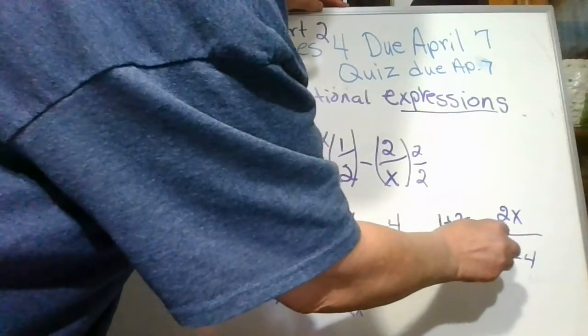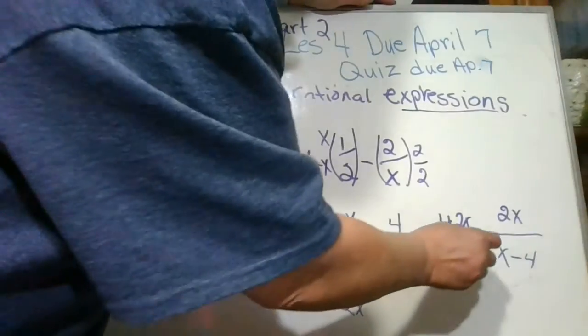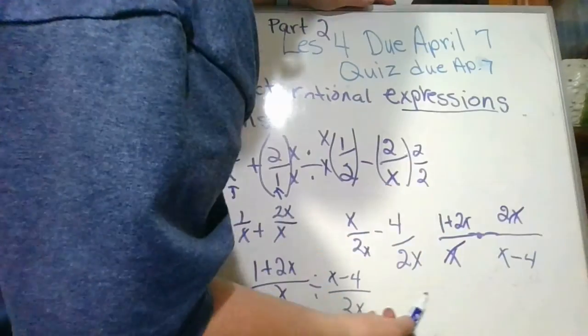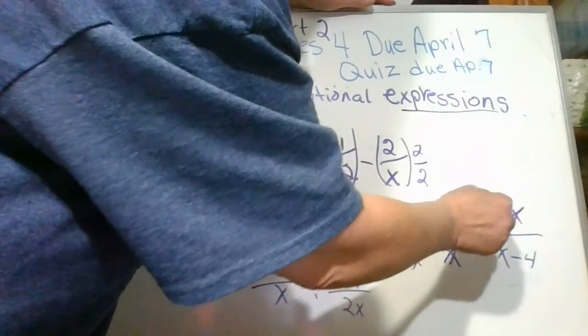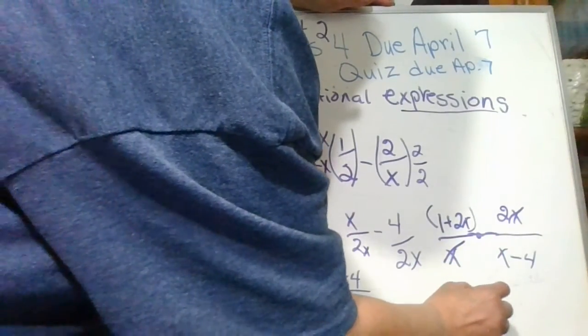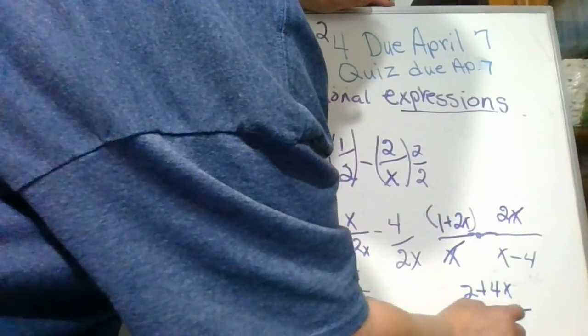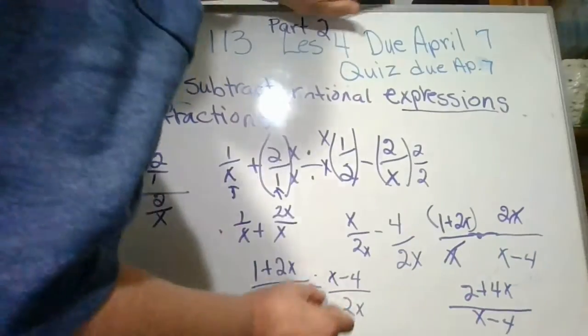Now, since this is multiply, I need to look and see, is there anything I can cancel out? Looks like I have an x and an x. So on the top, I'm going to have 2 times 1 plus 2x, which is going to be what? 2 plus 4x, and my denominator is x subtract 4.